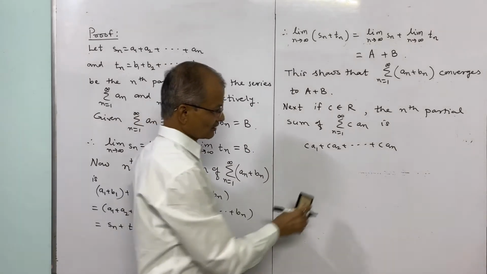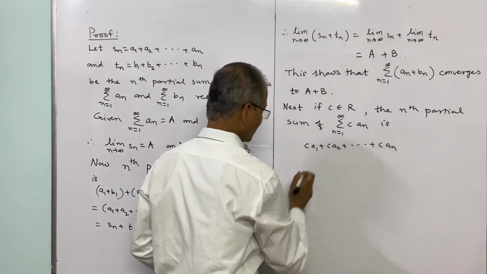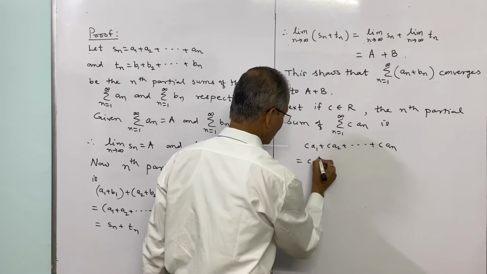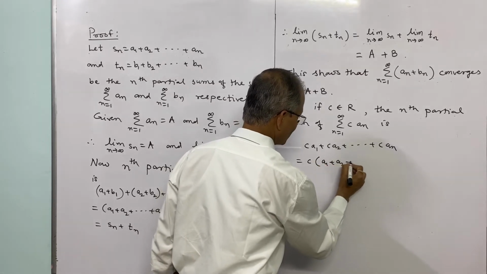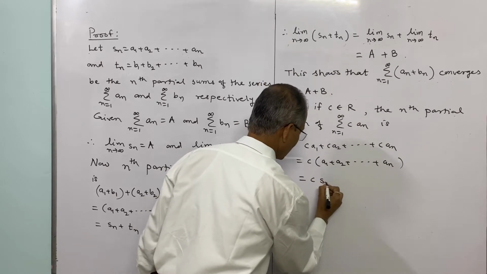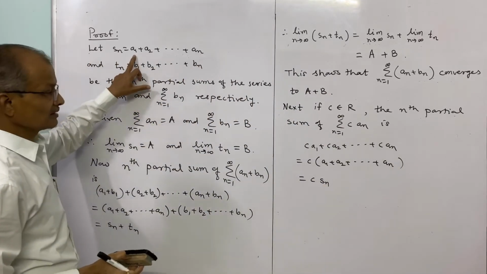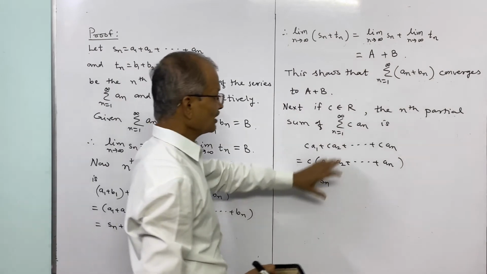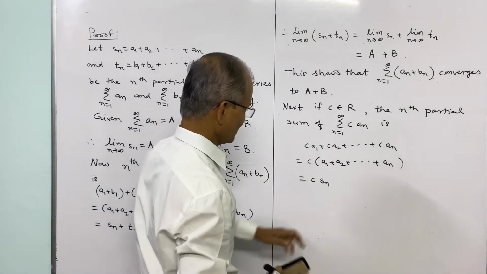C is common, so this can be written as C into a1 plus a2 up to an, which is C Sn. So the nth partial sum of this series is C Sn.